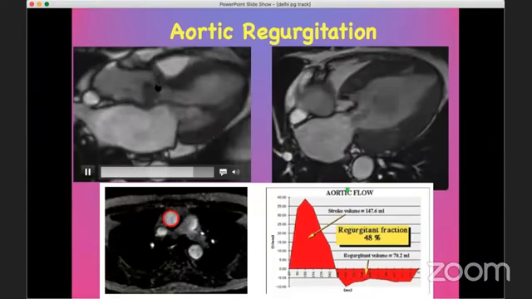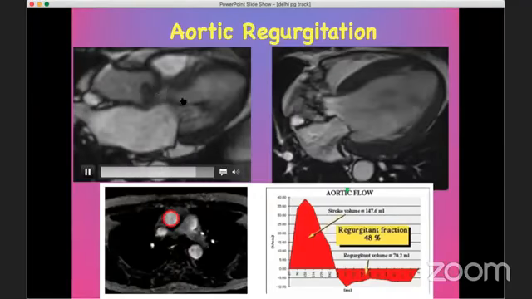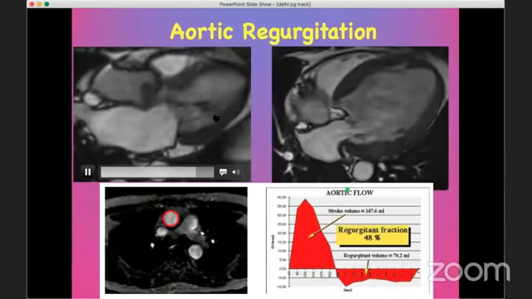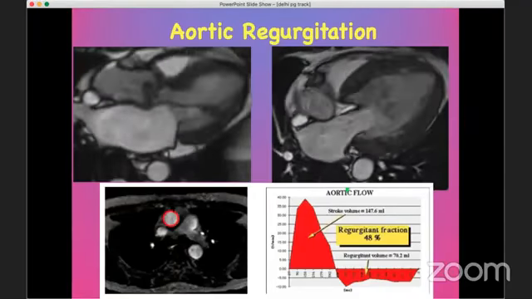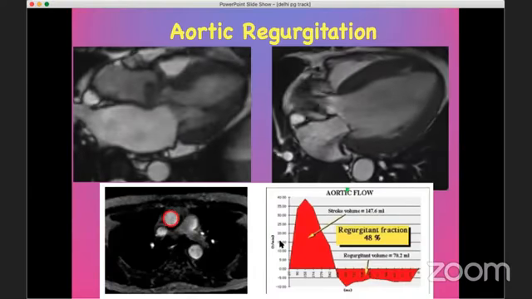You can see a deformed aortic valve. There's a mild stenosis, but there is a torrential aortic regurgitation here. And then when we calculated the flow across the aortic valve, this is what we got.